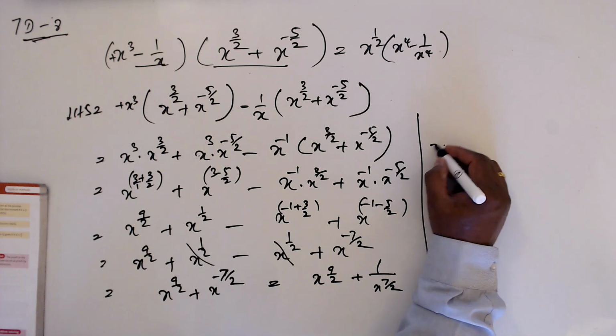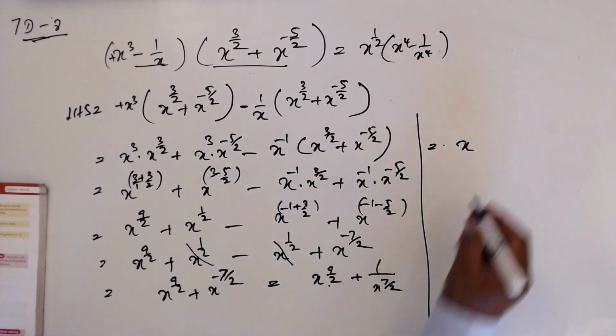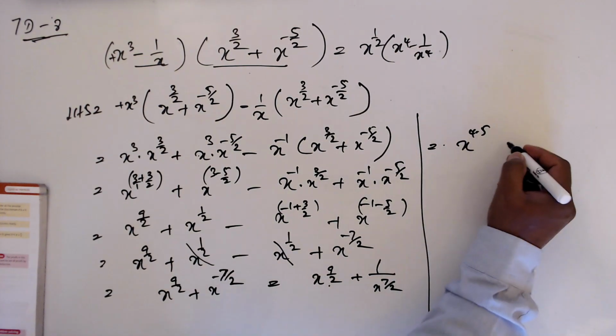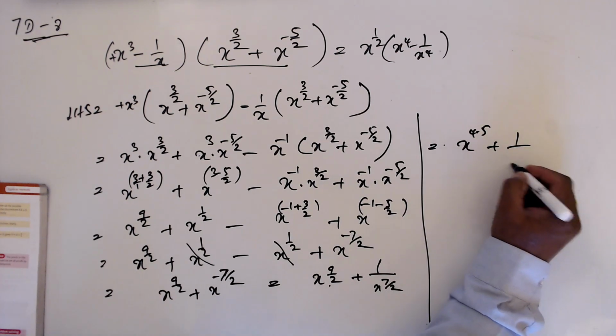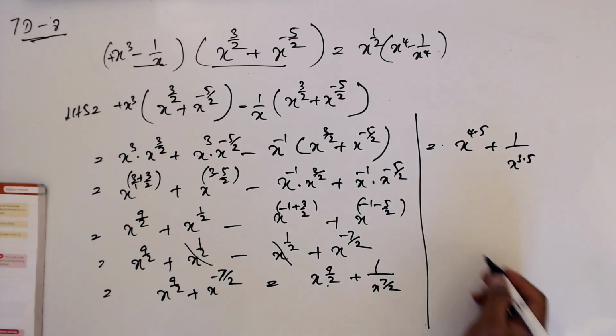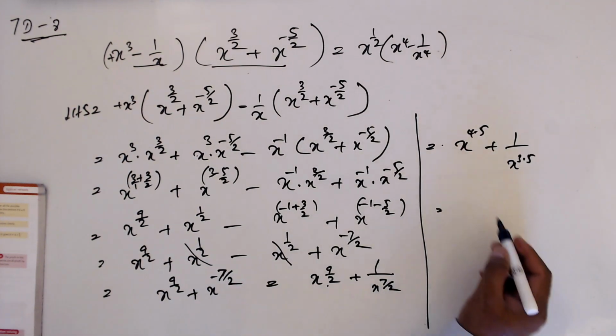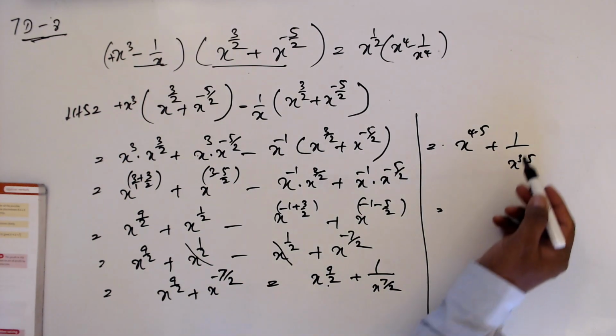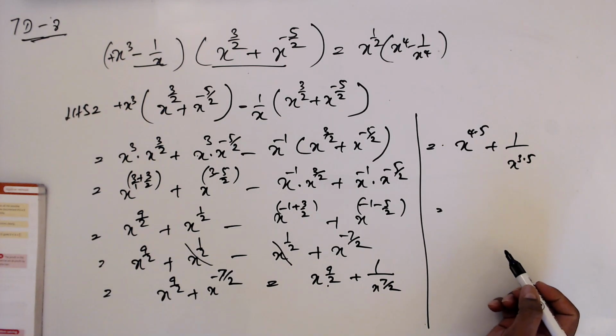Now this is going to be x^9 divided by x^4.5 plus x^3.5. Now I need x^0.5 to take out, but there is no x^0.5 in the top.